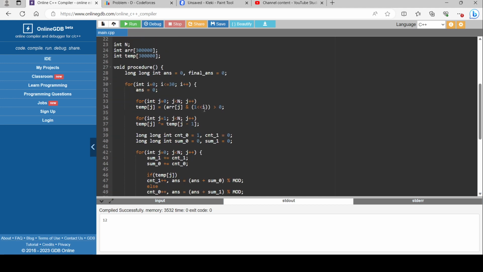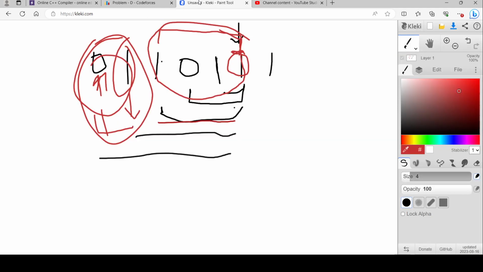So now what is temp doing? Suppose 0 1 1 1 0. We are just XORing it with previous elements.